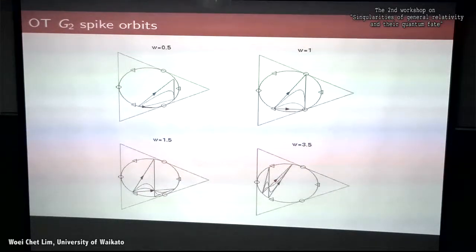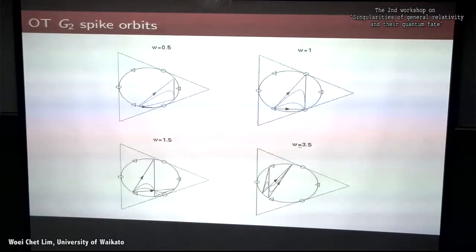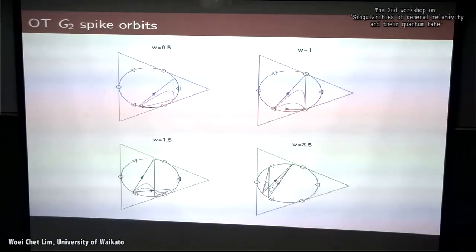Okay. Let's look at this case first. W is a parameter that describes a different member of the family of this solution. So for W bigger than 1, you have transient spike. So here at the spike, you go from this Kasner point to that Kasner point.